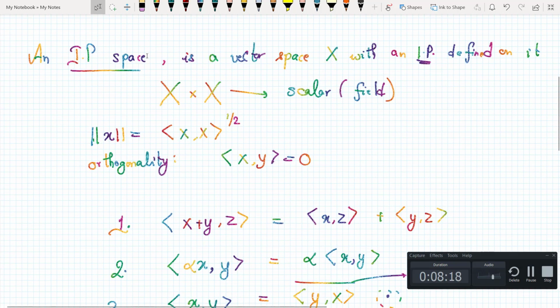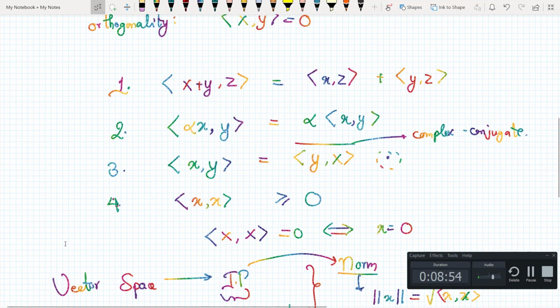But okay, to summarize. We had an inner product space. What is an inner product space? An inner product space is a vector space such that there is an inner product defined on it. What is this inner product? This inner product is nothing but a mapping from x cross x to the scalar field. And based upon this inner product, I deduce the norm.